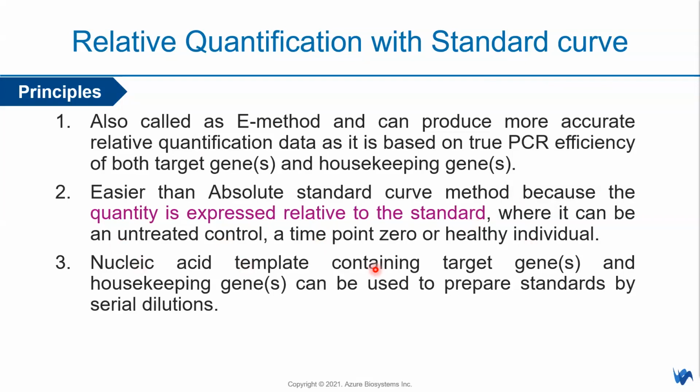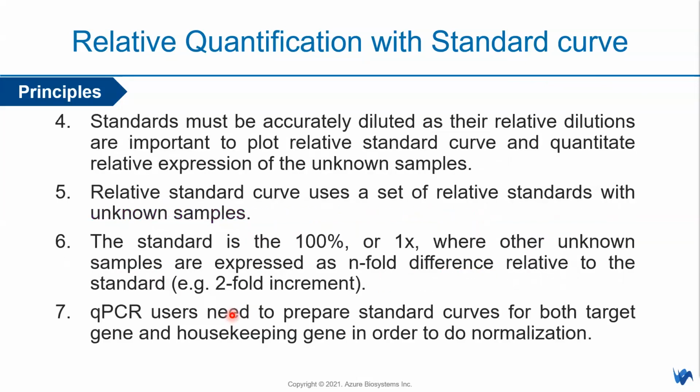Nucleic acid template containing target genes and housekeeping gene can be used to prepare standards by serial dilution. These standards must be accurately diluted, as their relative dilutions are important to plot the relative standard curve and quantitate the relative expression of the unknown sample. Both unknown samples and the standards must have the same dilution, so they will be calculated accurately.